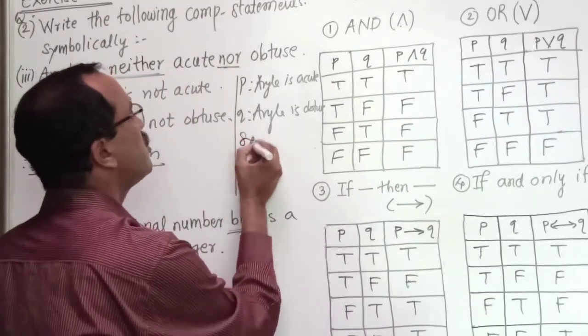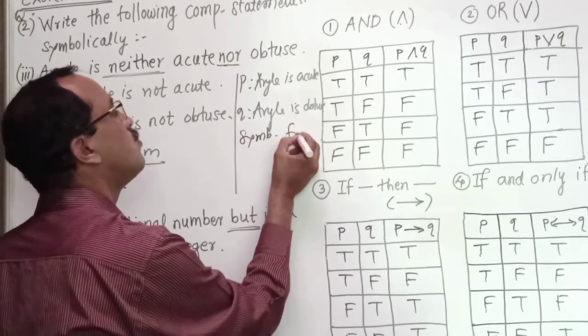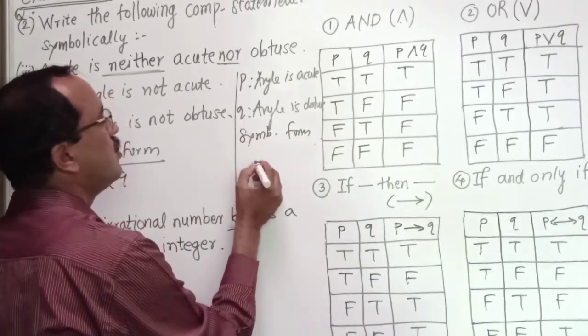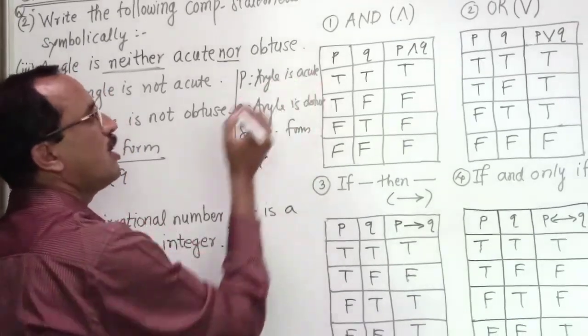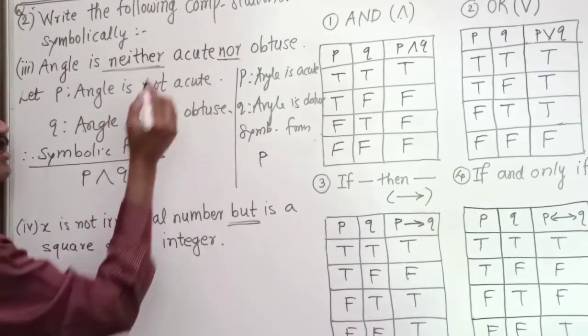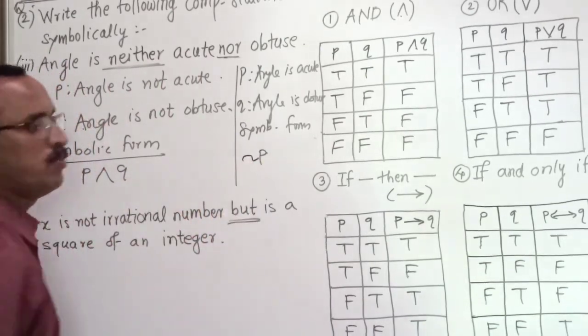Means in symbolic form we write P for angle is acute, and here angle is neither acute, so we write negation P.